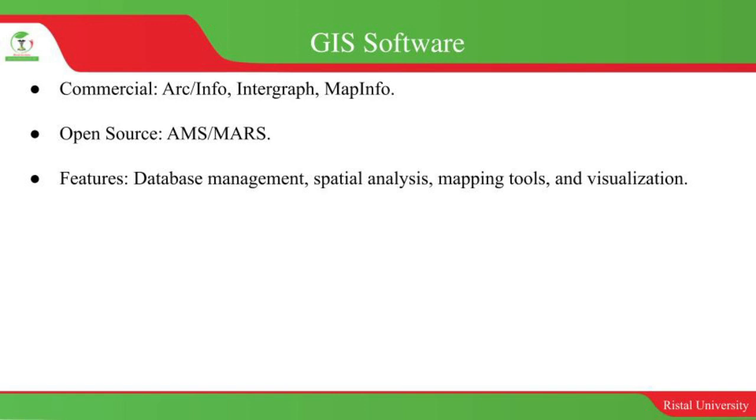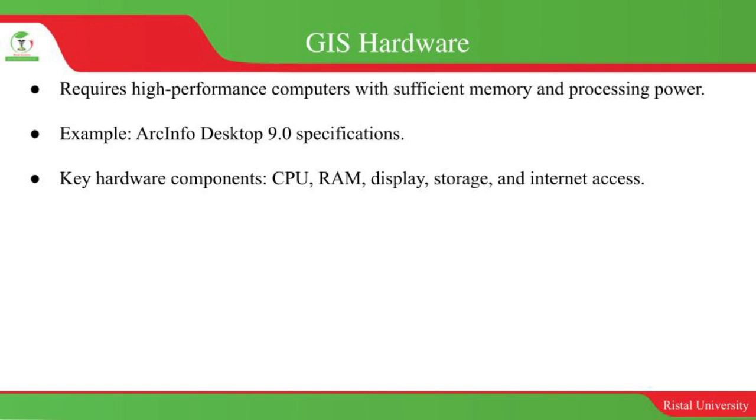We have the hardware, which requires high performance computers. So for you to be able to download these geographical information softwares, you should have a computer that is high performing. But also we have examples of ArcInfo, which is a desktop 9.0 specifications, and you need a cooling system.